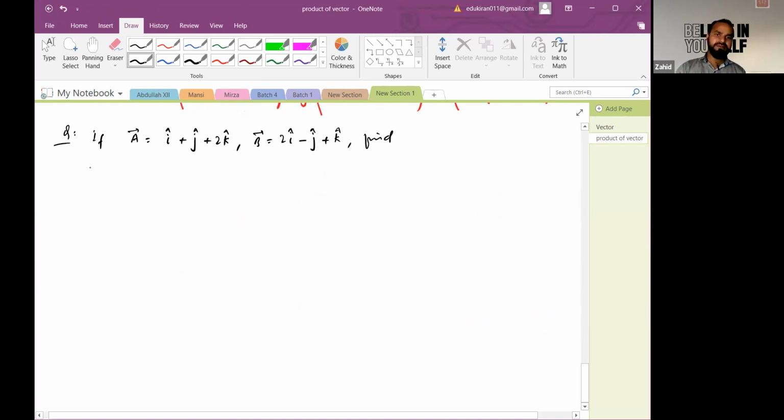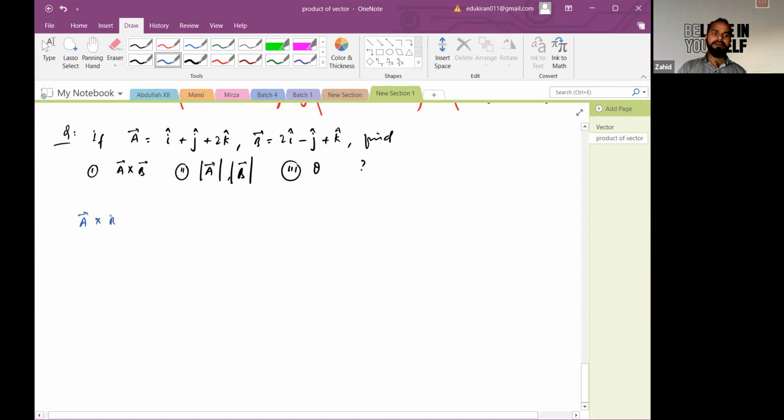Using this, find first A cross B, then mod of A, mod of B, and then theta. I'm explaining how to calculate it.